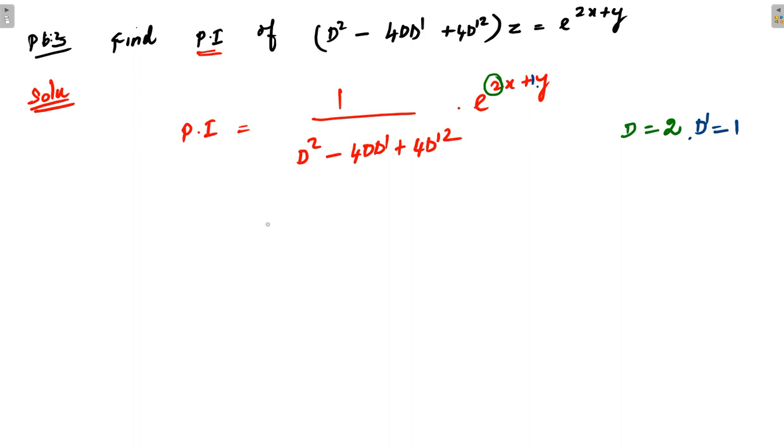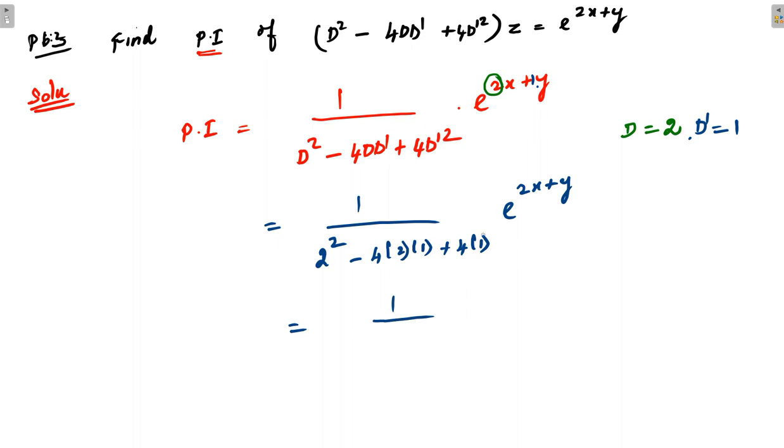If you substitute, you get 1 by 2 square minus 4 into 2 into 1 plus 4 into 1, times e power 2x plus y. If you simplify, you get 0. So the denominator is going to be 0.